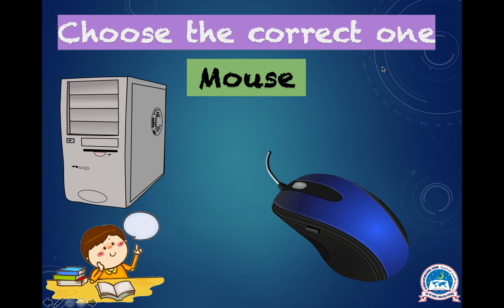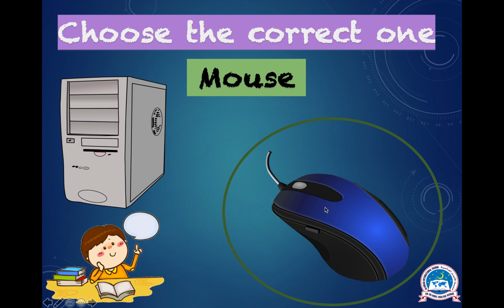Now, we are going to recall what we have just learned. Choose the correct answer. Which one of these two pictures is the mouse? You can point to it with your finger. Amazing! It is this one over here.